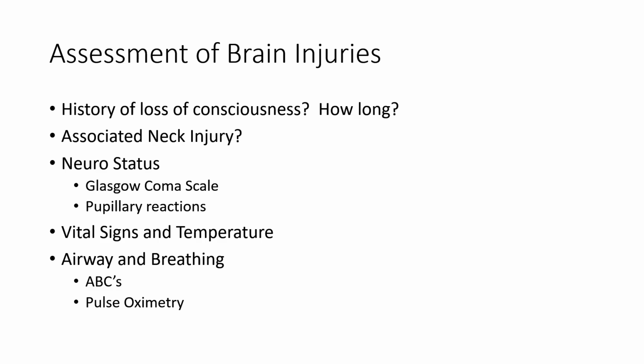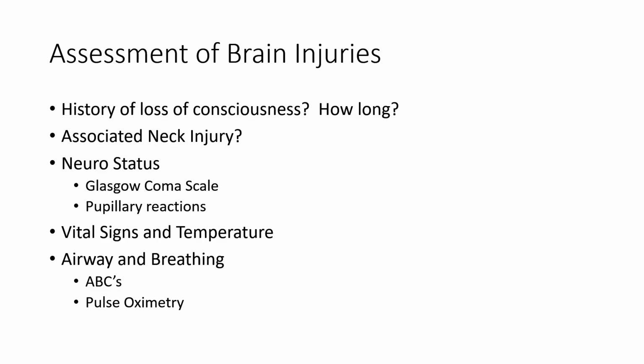Assessment of brain injuries includes all of the things that we've spoken about before as far as assessment. We want to know specifically about the history of their loss of consciousness and how long it lasted. We want to know if they have an associated neck injury, so they need to have x-rays of their C-spine to make sure we don't have a spinal cord or a vertebral issue.